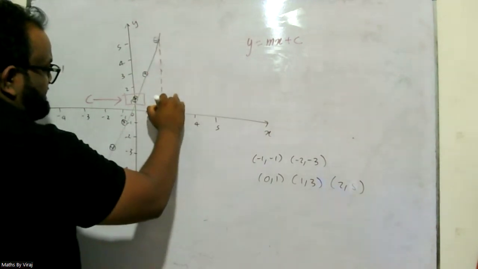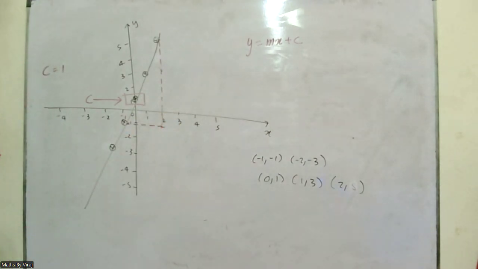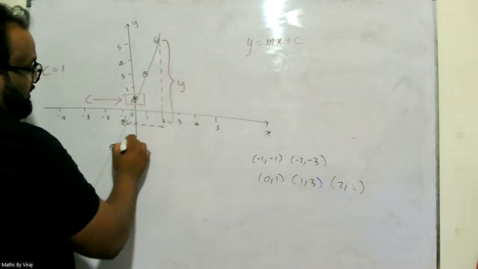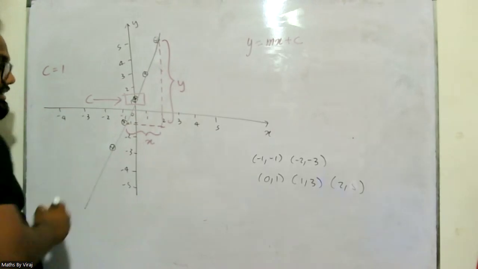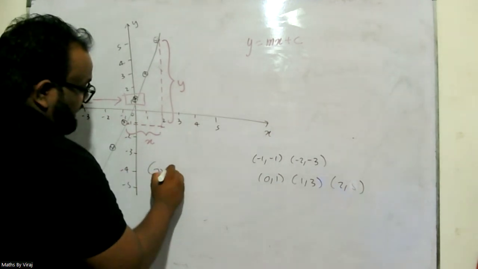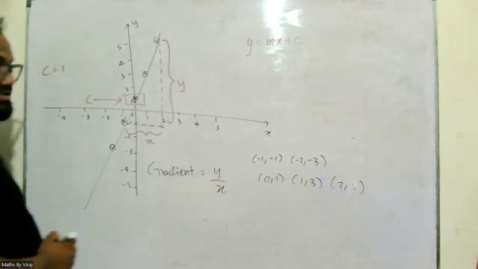If I take two random coordinates and divide y by x, that is how we calculate the gradient. Basically, gradient is y divided by x.